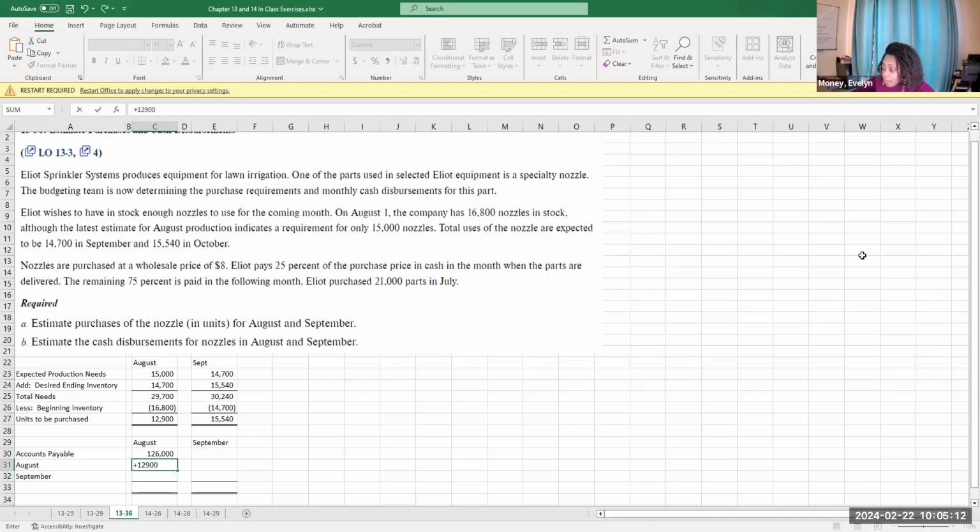For that 12,900, I'm going to pay for 25% in August. Can't forget to multiply that times 8. And then I'm going to pay the other 75% in September. So I take that 12,900 times 0.75 times 8.